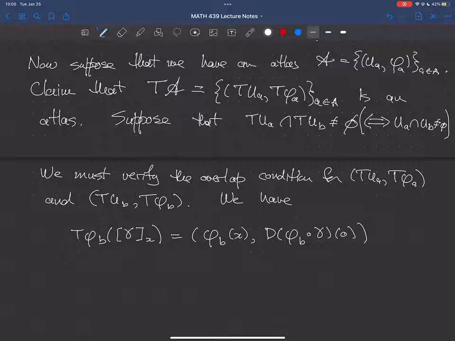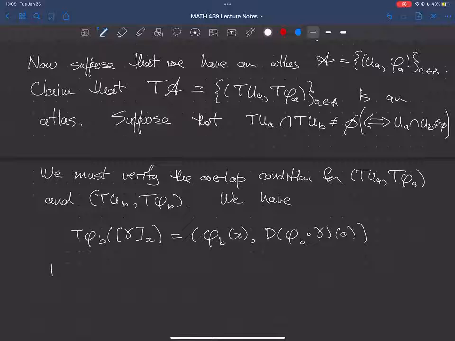This is the representation of that tangent vector in this coordinate chart. What I need to do is write the representation of this tangent vector also in the other chart, TU_A, T phi_A, and see how it's related to that representation. And here's how we're going to do that.